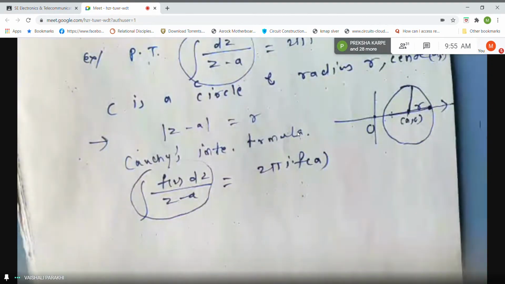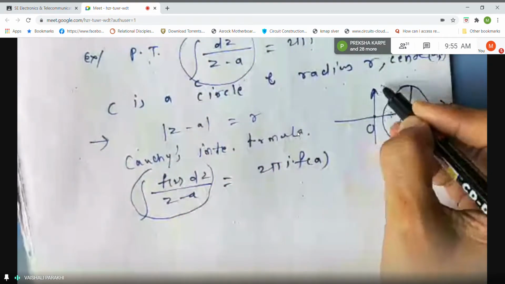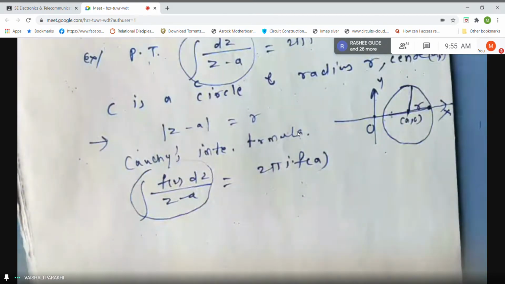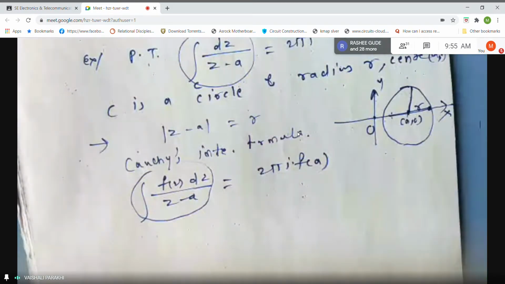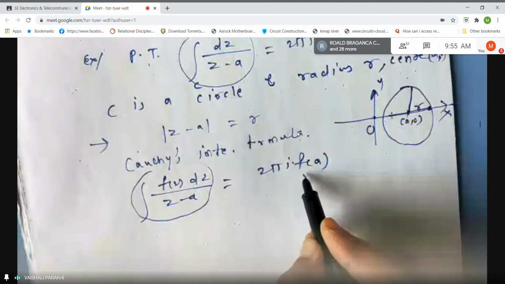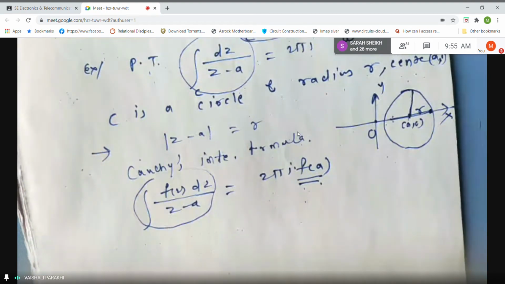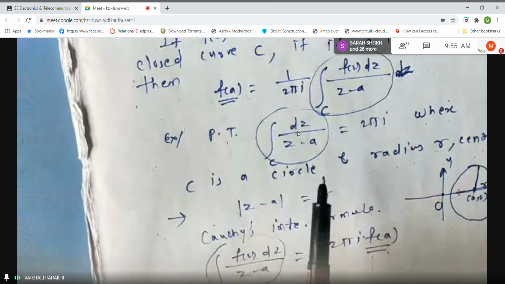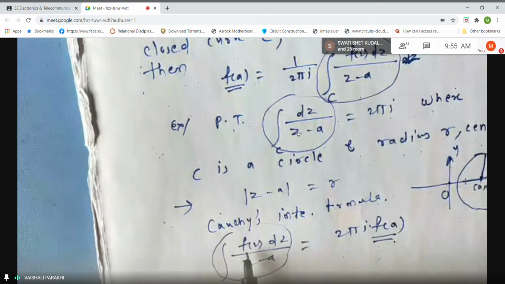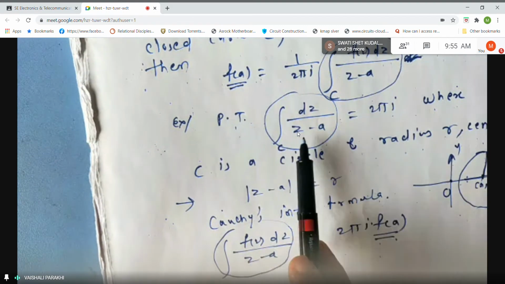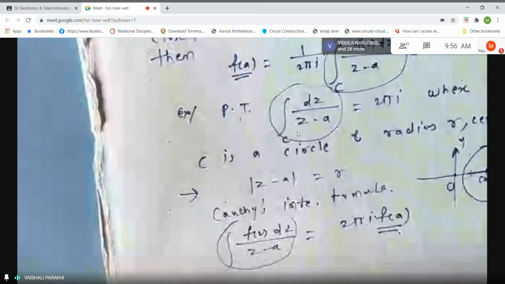Okay. Now, this is the x-axis, y-axis, which you know already. So once you do this, what can you tell me f of a will be here? In our problem, what is f of a? Just compare directly, students. This is dz, here it is f of z dz. The denominator is z minus a, the denominator is z minus a.